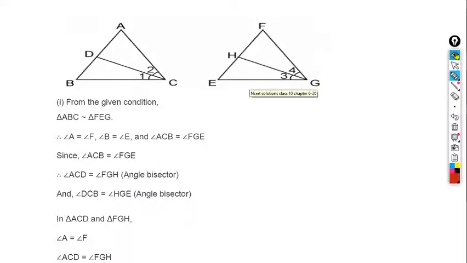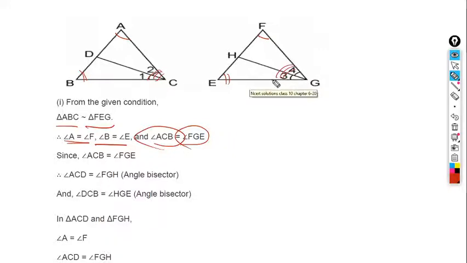It is given that triangle ABC and triangle FEG are similar. Therefore, angle A is equal to angle F, angle B is equal to angle E, and angle ACB is equal to angle FGE.